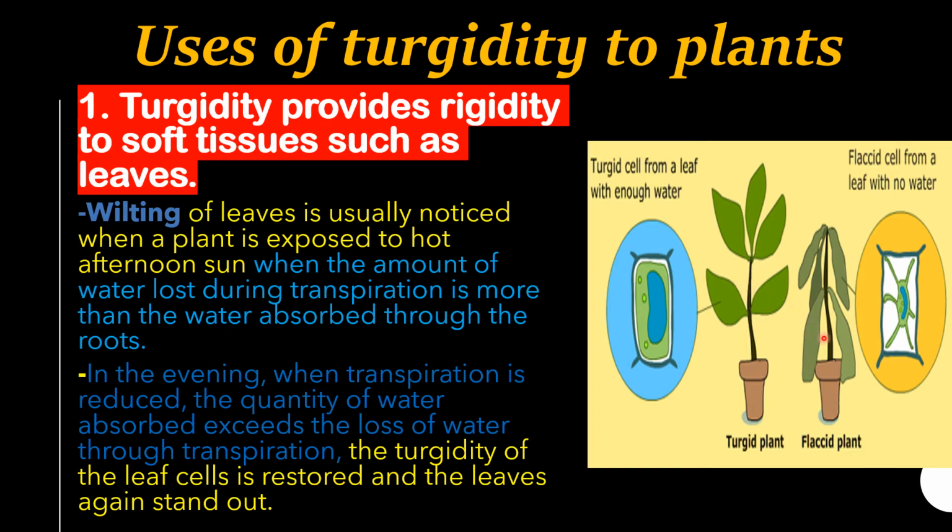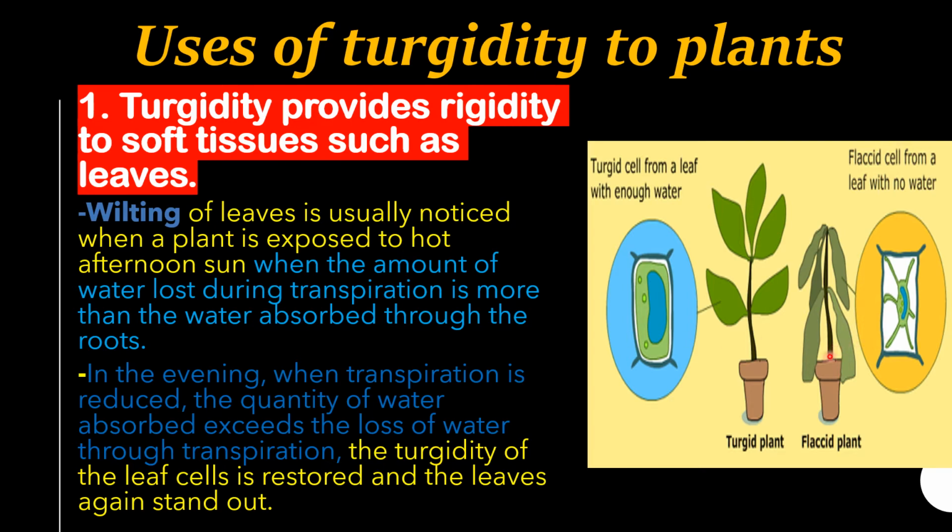Then here you can see, observe the other plant. This plant is in wilting condition. You can see all the leaves are drooping. All the leaves are in wilting condition. What is the reason for that? Wilting of leaves is usually noticed when a plant is exposed to hot afternoon sun.